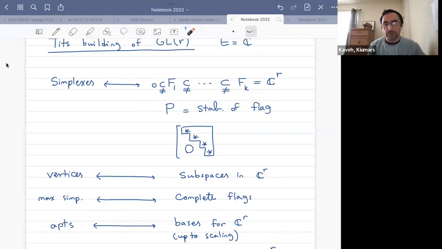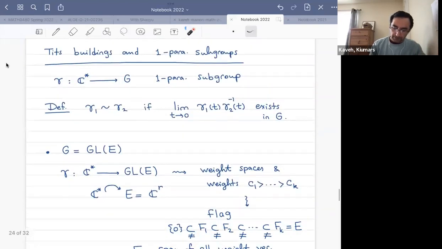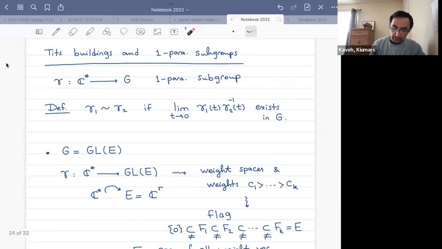So it's a cocharacter or 1 parameter subgroup of some torus inside GLR. So it's diagonal, but it could be diagonalizable in different bases. So in some sense, it lands in different apartments.